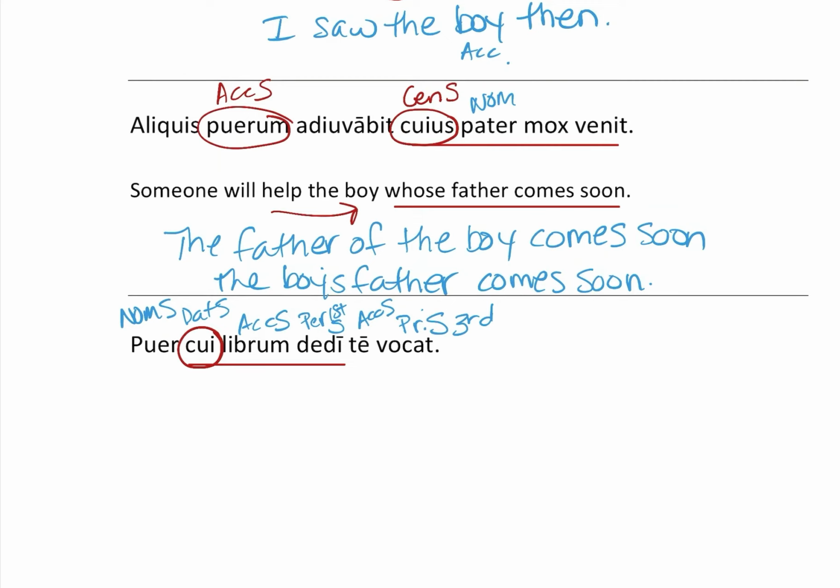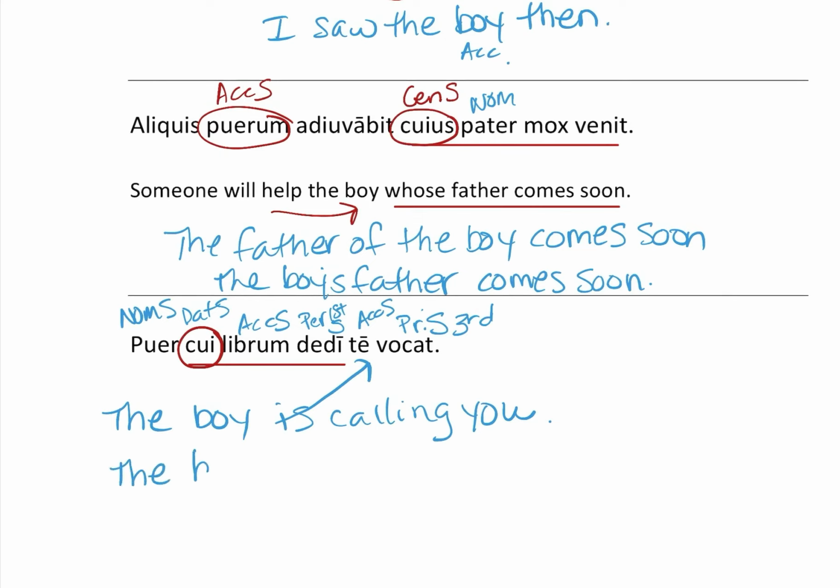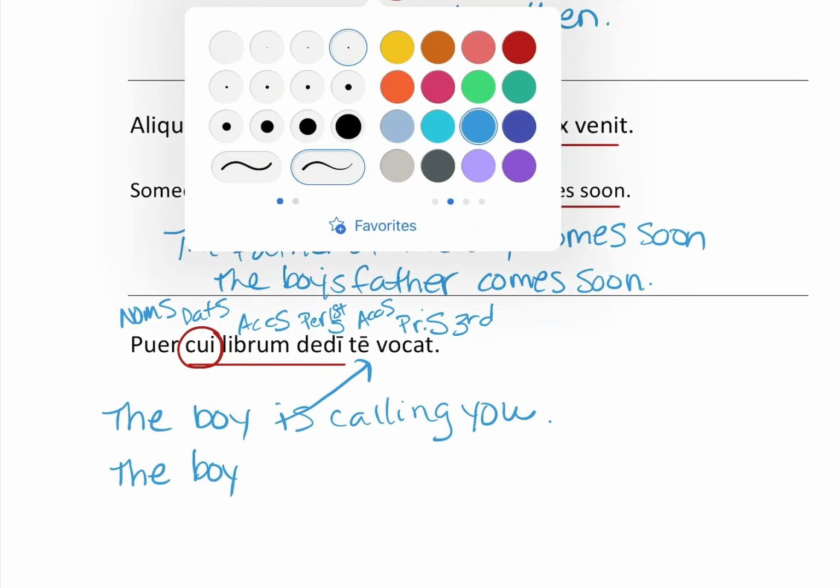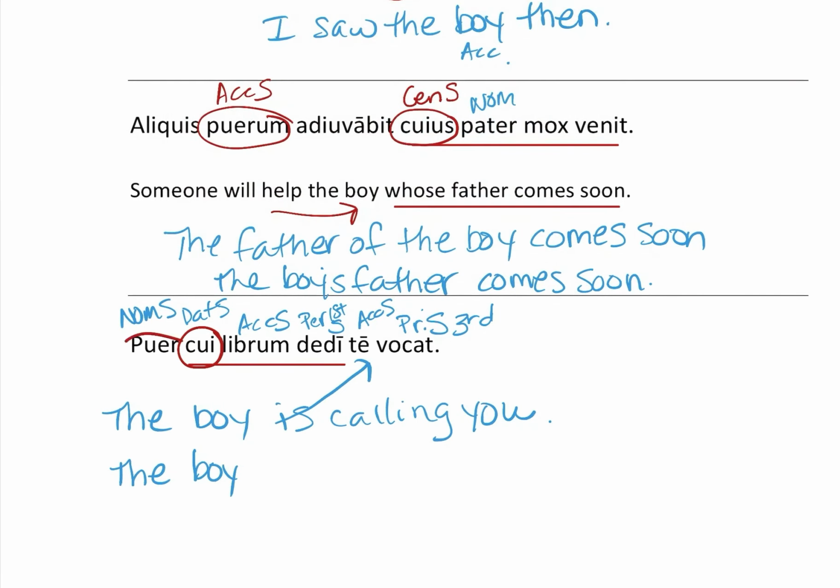All right, so the boy, let's take out this phrase. The boy, what's the complete phrase? Te vocat is calling you. Okay, so let's put it back in there with the complete sentence. So we still have the boy. The boy has to be the antecedent because it's the only thing before cui.